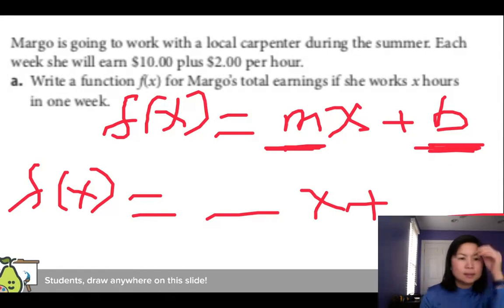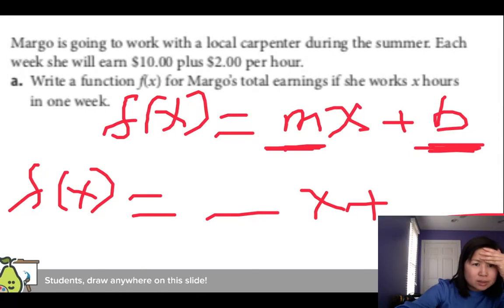So let's see. Thank you, Zenobia, Gina, for answering. Azuri, let's see. Okay. All right, cool. So I see that you have the 2 and the 10 switched around. A lot of you just have the 2 and the 10 mixed.